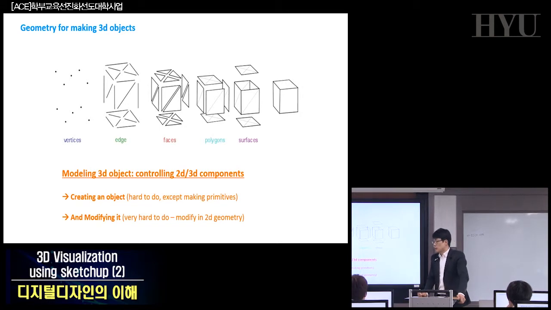Creating an object is very hard to do except making primitives. But in SketchUp, making primitives is also another challenge because there is no primitive object in the basic interface of SketchUp. But we're going to deal with it one by one today and modify them. It's a very time consuming and iterative process.